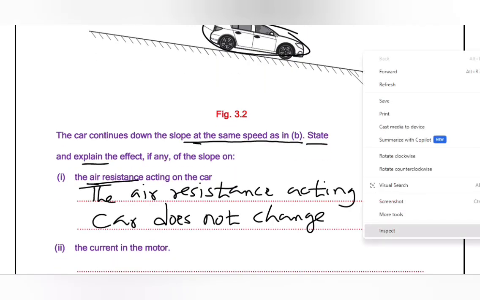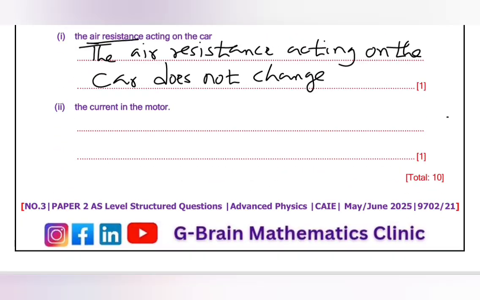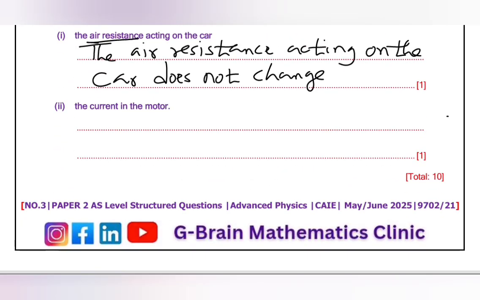And if you check very well, power equals IV. Since the voltage there is constant, that is 600 volts, and since the power is decreasing, for power to decrease, the current must also decrease.